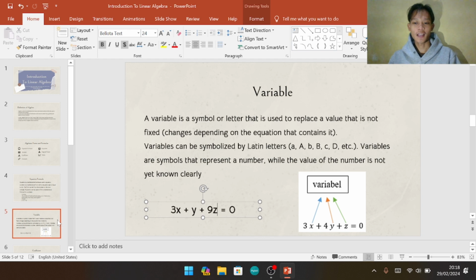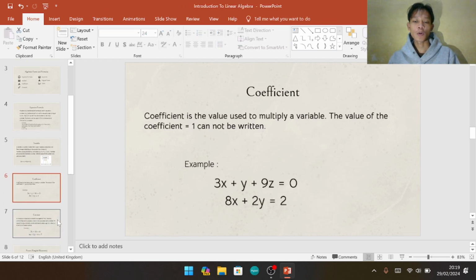Okay. Next, coefficients. A coefficient is the value used to multiply a variable. A coefficient whose value equals 1 is not written.